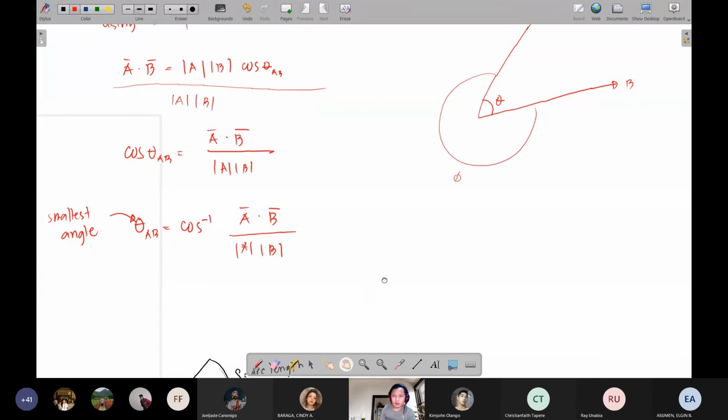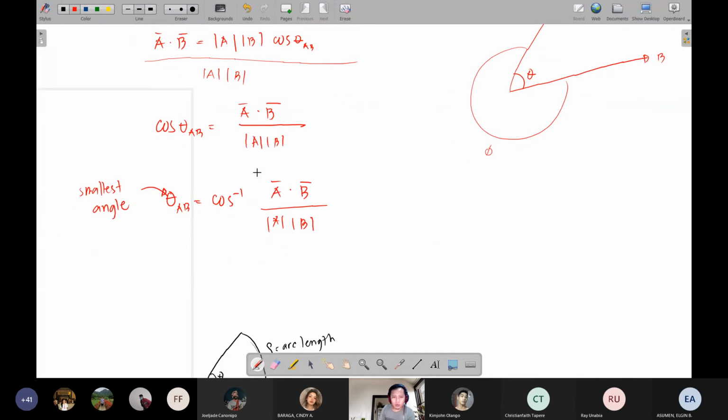Okay? So, to obtain a smaller angle, ato lang ning absolute value. Okay? Ato lang ning absolute value, we have to solve for the positive value of this one before nato siya i-arc cosine. Okay? Kailangan nato solvon ang positive value ani first.